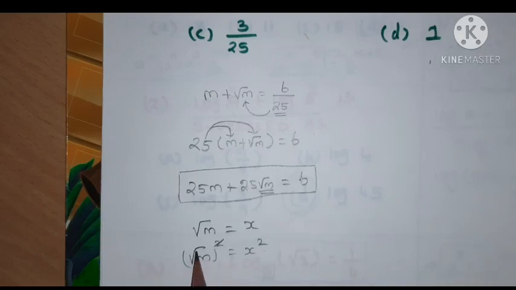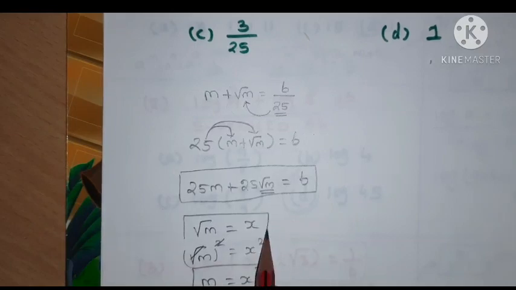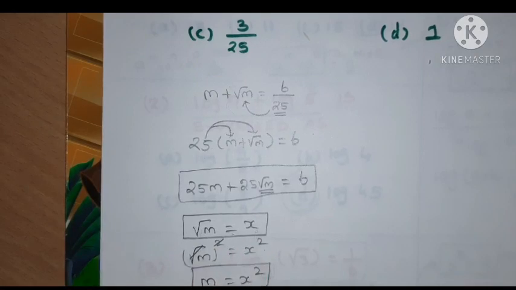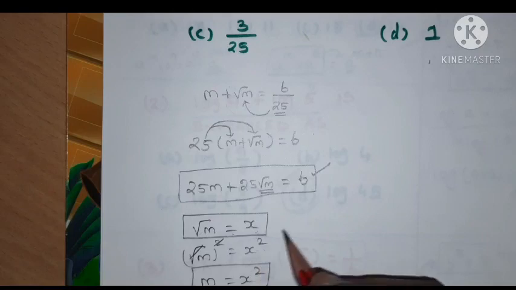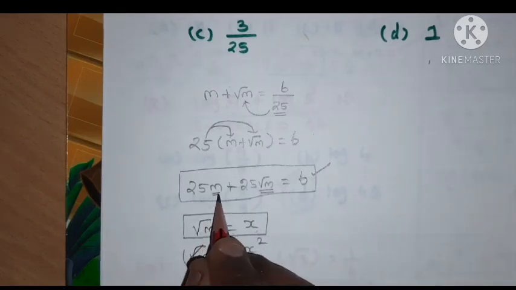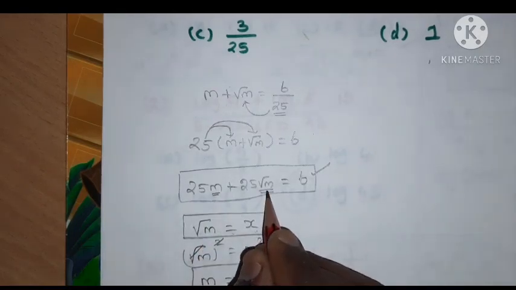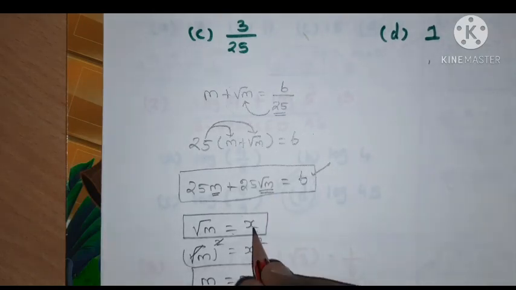The square and root cancel, so m is equal to x squared. So if root m is equal to x, then m is equal to x squared. Now substitute the root m value and the m value into this expression. In place of m, we substitute x squared, and in place of root m, we substitute x.